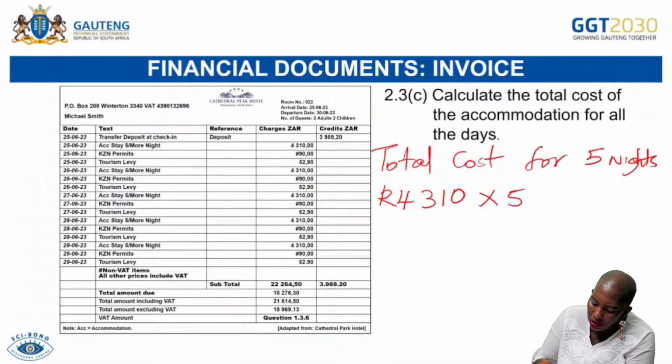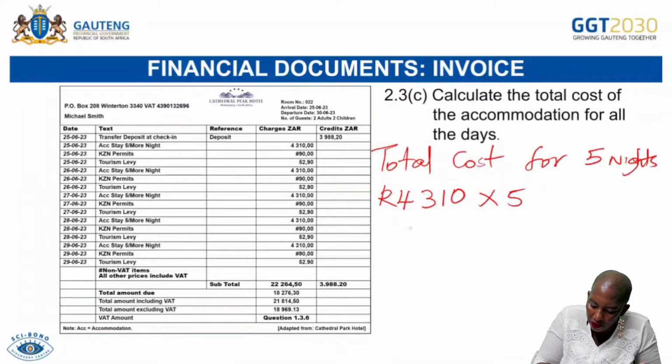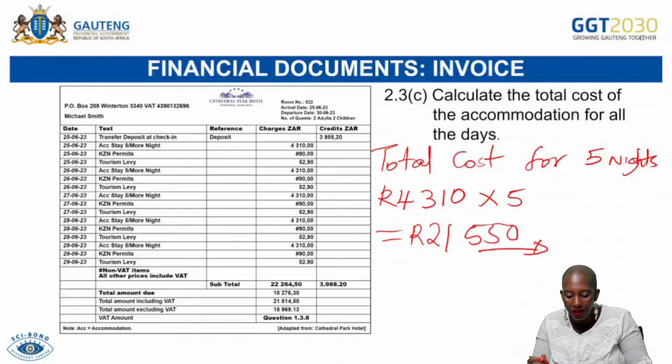Now the total cost here, let's quickly go to our calculator. 4,310, we multiply it by 5, it will give us 21,550.